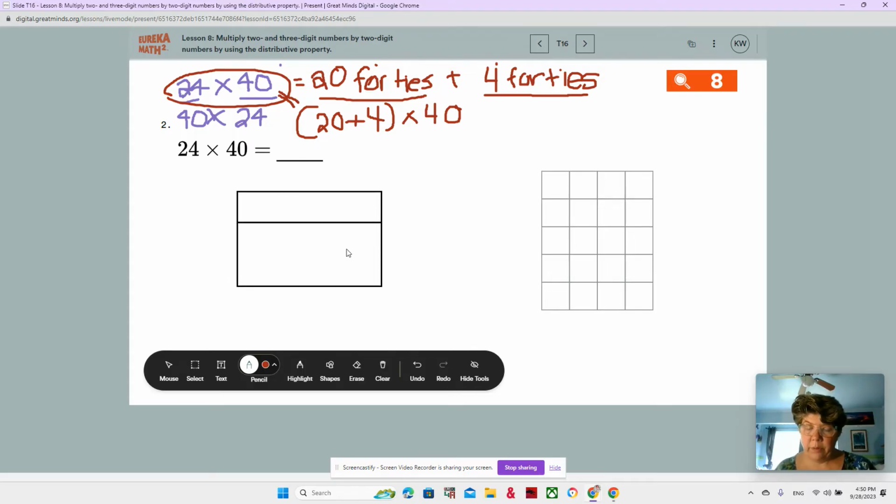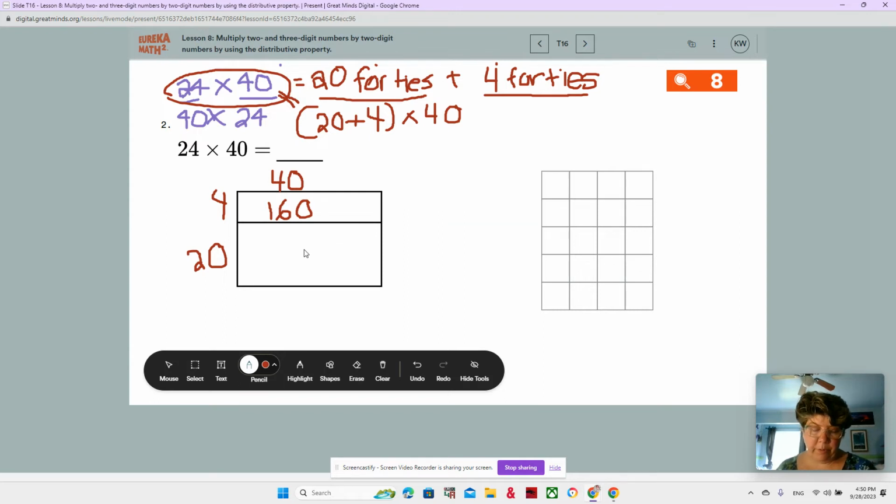Okay, so let's do 4 by 40 first. So we better catch up here and write our 40 and our 4 here and our 20 here. Okay, so this is 24, right? We just broke it apart. And here's our 40. And in unit form, what is 4 ones times 4 tens? Right? 4 ones times 4 tens is 16 tens, which would be 160, right?